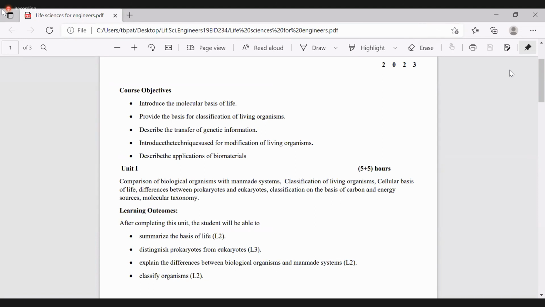We know about GM foods, that is, genetically modified foods and genetically modified crops. Why? Because population growth is very high. A lot of population exploitation takes place everywhere.